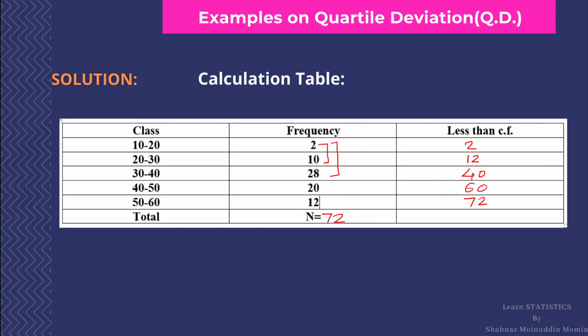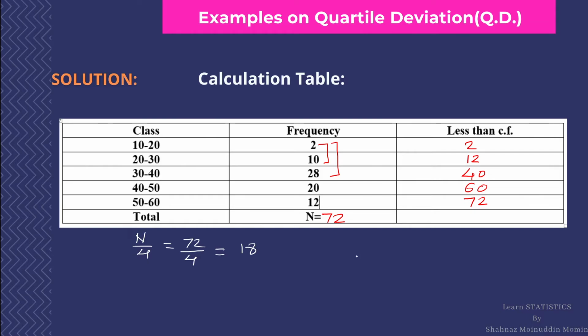To obtain the first quartile, we have to obtain the first quartile class. Then we will use the formula for Q1 in case of continuous data. To find the first quartile class, calculate n upon 4, that is 72 divided by 4, and it comes out to be 18. Search a cumulative frequency just greater than 18.